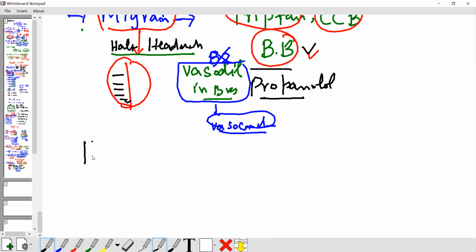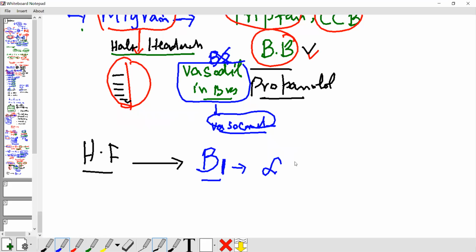Next, beta blockers used for heart failure. Which beta blocker do you prefer for heart failure? First, go for a selective one: atenolol, bisoprolol, metoprolol. Another is the alpha and beta blockers, two names acting at the same time: carvedilol and labetalol.